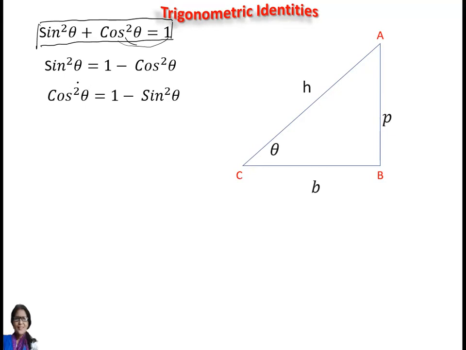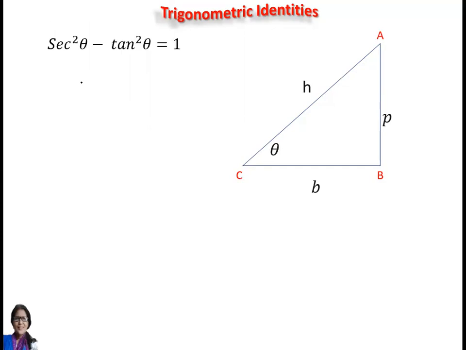So identity 1 we proved. Second, I'm going for sec square theta minus tan square theta is 1. This is the second identity. So what is LHS? LHS is equal to sec theta square minus tan theta square.